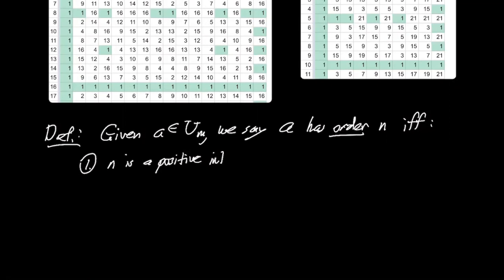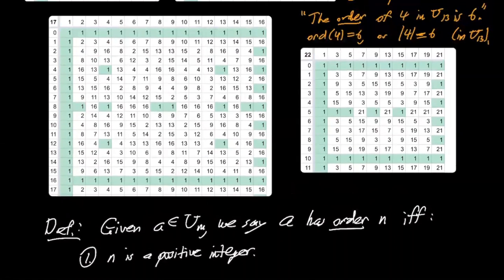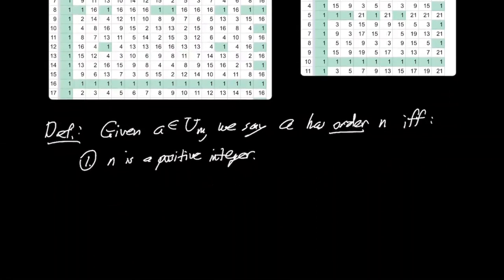That's important. Everything to the 0 power is 1, but we don't want to think of that as the order. That doesn't tell us any information. So N is a positive integer.